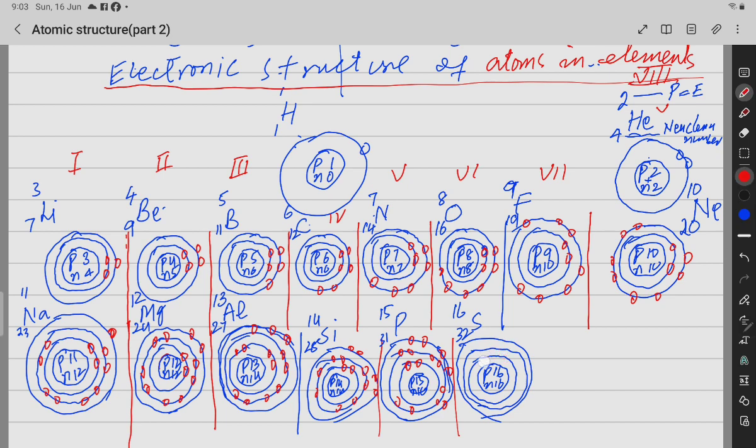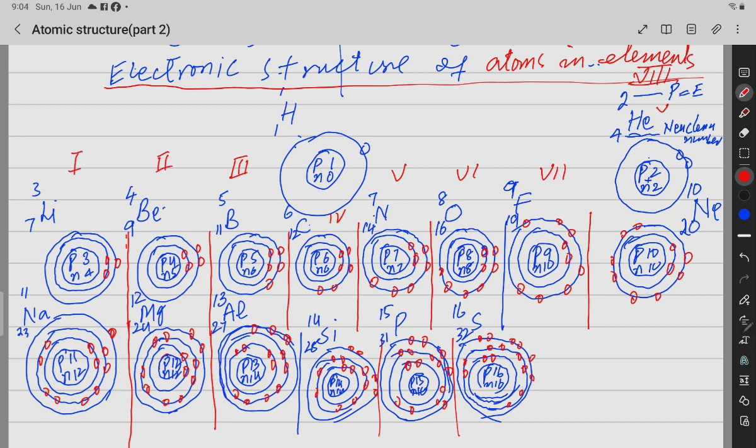First shell has 2 electrons, second 8, and third has 6 electrons because it is present in group 6.